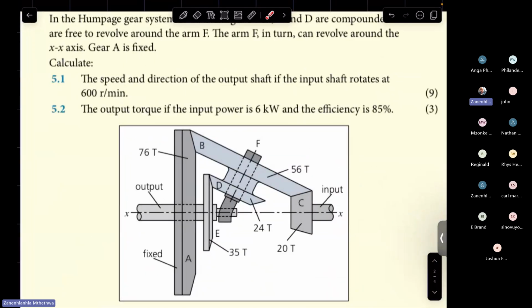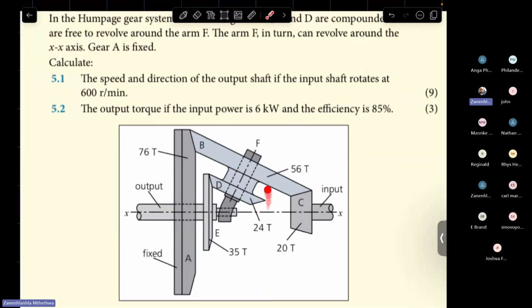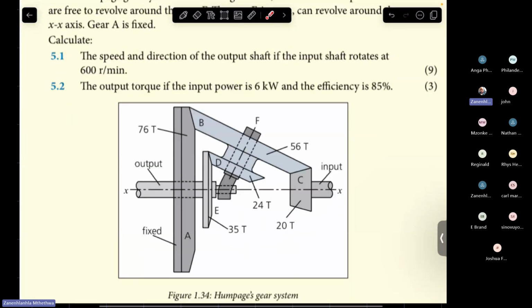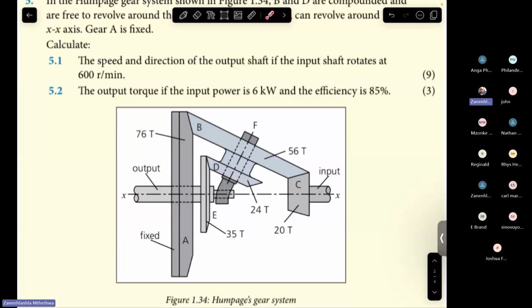But because this system is no longer in use in industry, I would say this is actually part of the old syllabus, because Humpage gear systems were primarily used in lathe machines, but they're no longer used in lathe machines anymore. Any more questions?